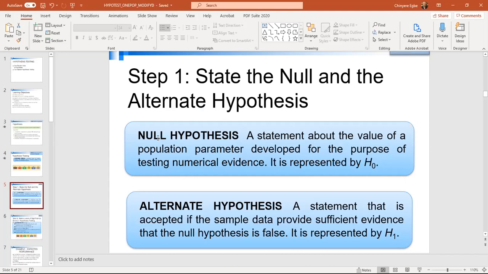That is your null hypothesis. The alternate hypothesis will be the average travel time is not 25 minutes, or the average travel time is more than 25 minutes, or the average travel time is less than 25 minutes. That is your alternate hypothesis. You can have different alternate hypotheses based on one null hypothesis.